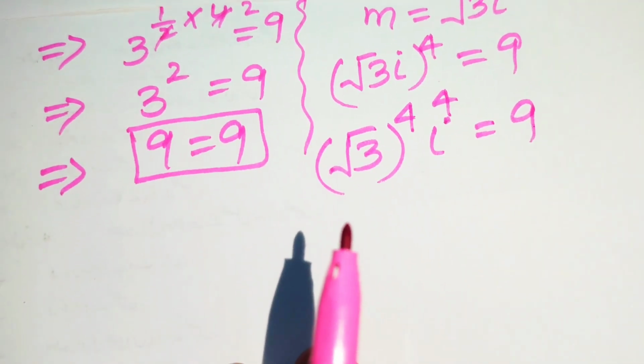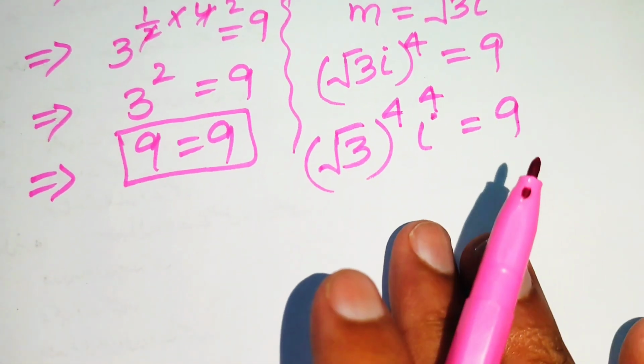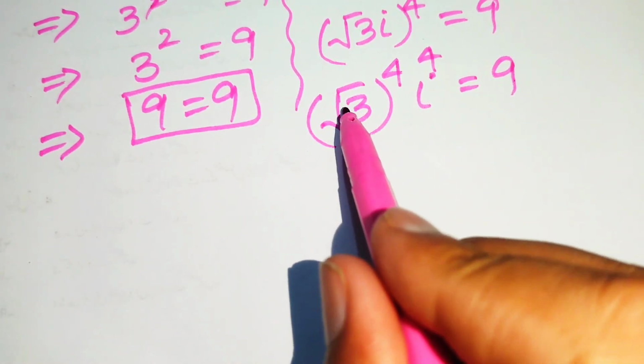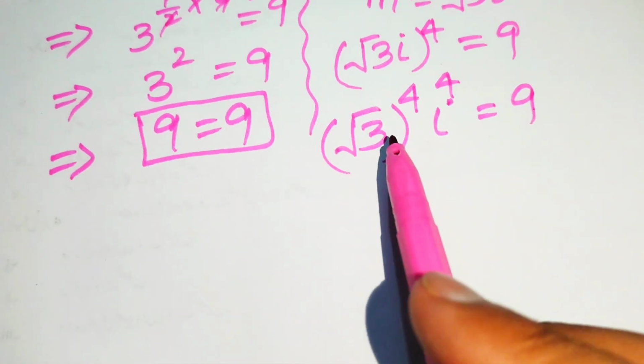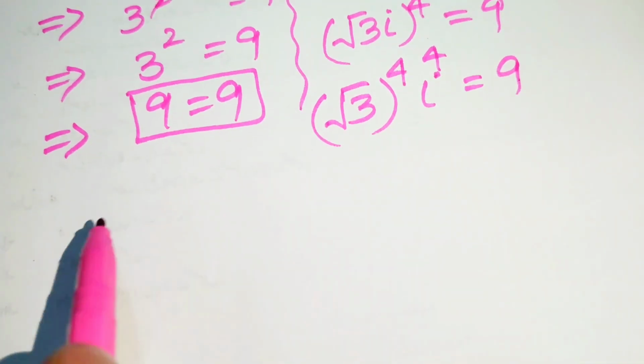In the next step, we need a little bit of simplification. We know that square root of 3 to the power of 4 is equal to 9, as in the above case.